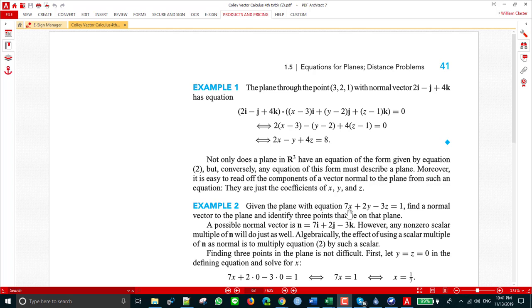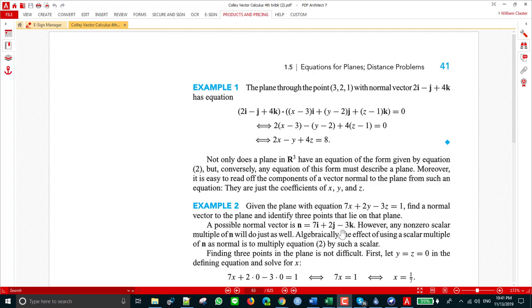That's what example 2 asks. Given a plane with this equation, find a normal vector. All you have to do is read it right here: 7, 2, negative 3, because of the previous observation. A possible normal vector is this.